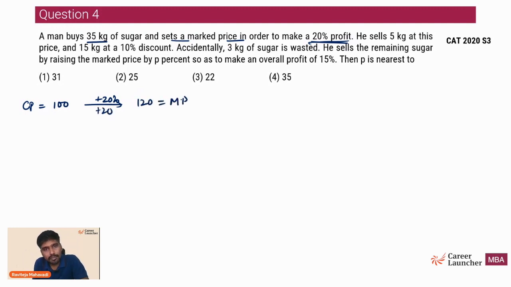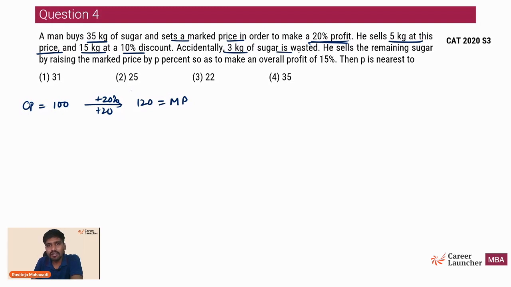So your cost price is 100 and marked price is 120 is what I have assumed. What else? He sells 5 kg at this price itself. Okay, and 15 kg at 10% discount.